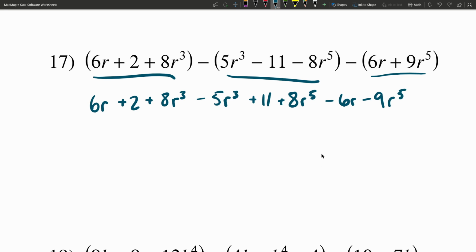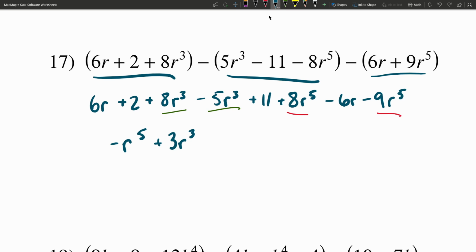My highest degree that I see is a 5, and I have an 8r to the 5th minus a 9r to the 5th. That's going to result in a negative r to the 5th. My next highest degree I see is a 3, which I have an 8r cubed, and I'm subtracting a 5r cubed, which is a positive or plus a 3r cubed.